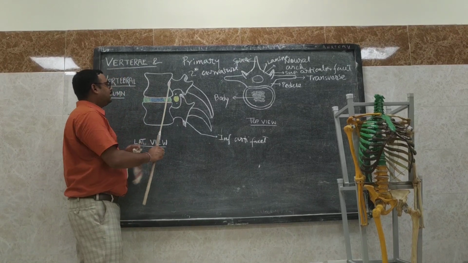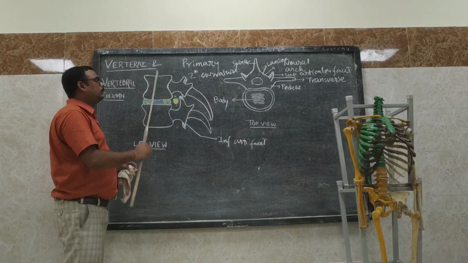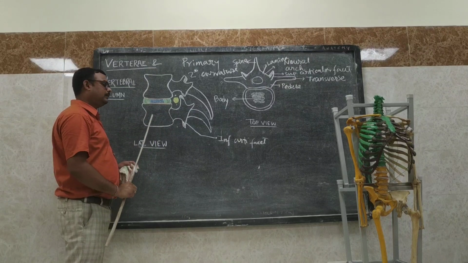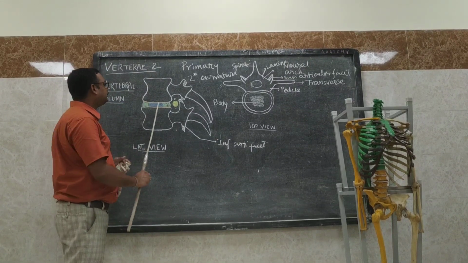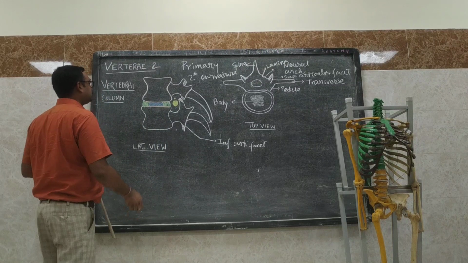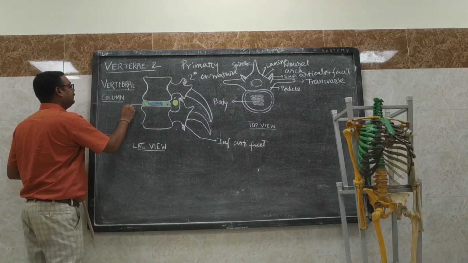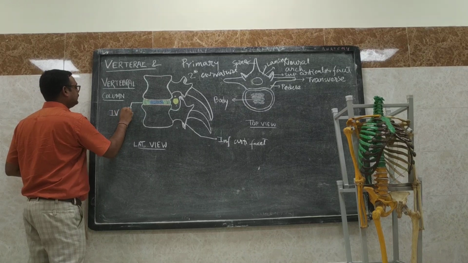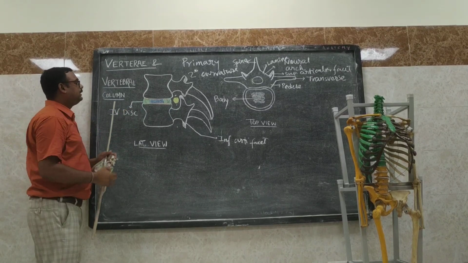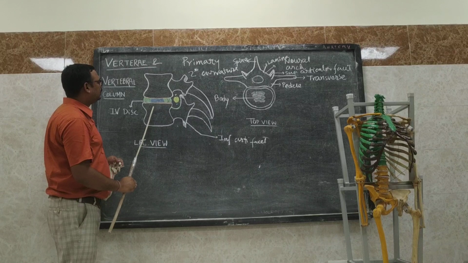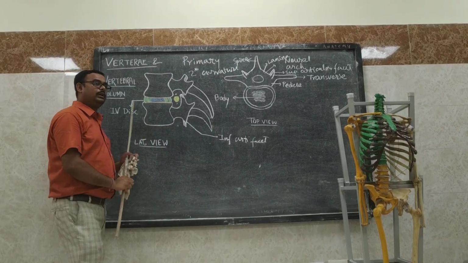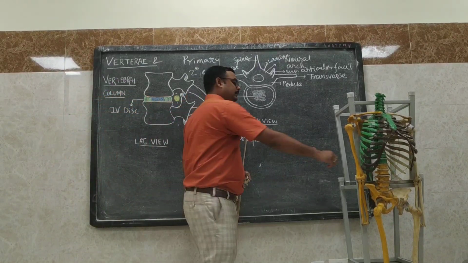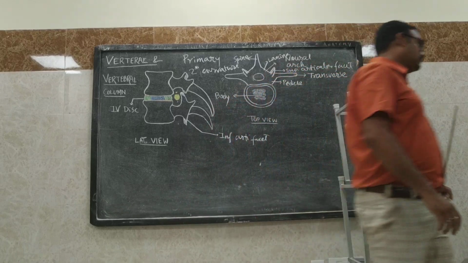Now each vertebra will articulate with the superior and inferior vertebra, and by this part, this is called the intervertebral disc. Now the intervertebral disc in between two vertebrae will subsequently form the secondary cartilaginous joint.